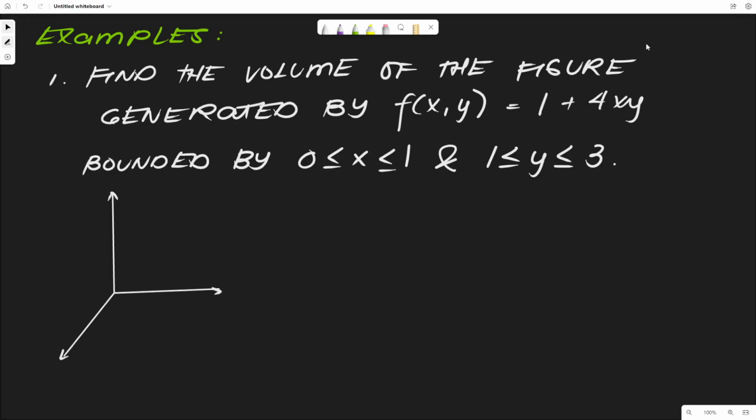So let's say this is xyz. Ayan. So this is a three-dimensional plane. So volume, double integral tayo. So let's say kunwari ito yung aking 3D figure.